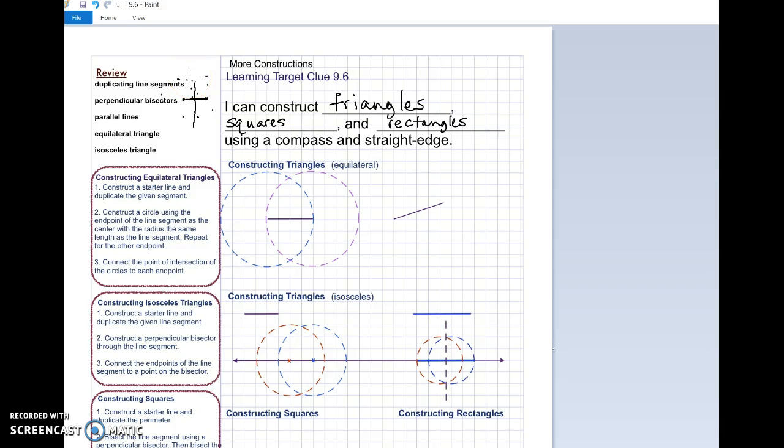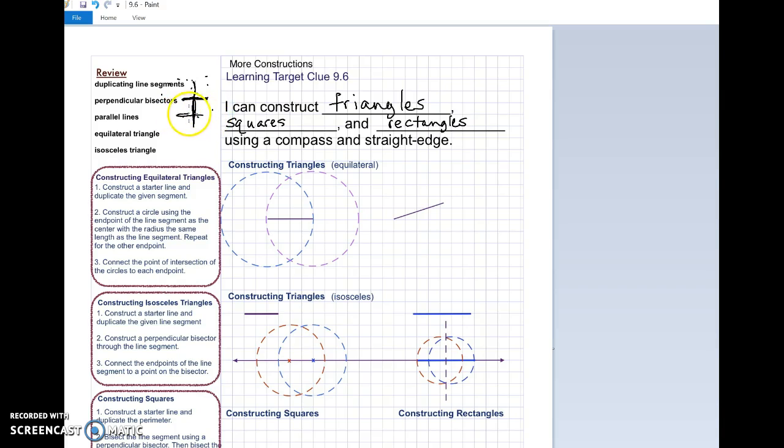Parallel lines we didn't talk about, but I'm wondering if you can figure out how could I make a parallel line to this line segment. If I had this line segment and I wanted to create a parallel line, how could I do it? Well, if I know how to create a perpendicular bisector, I can create a perpendicular bisector going this way. And then what if I created a perpendicular bisector of this new line that I've created?